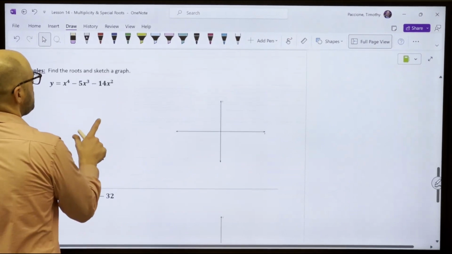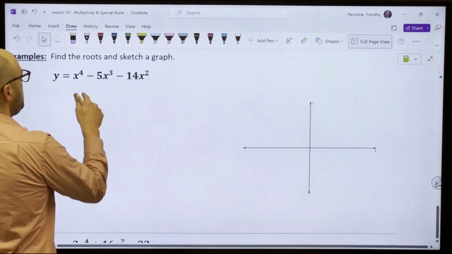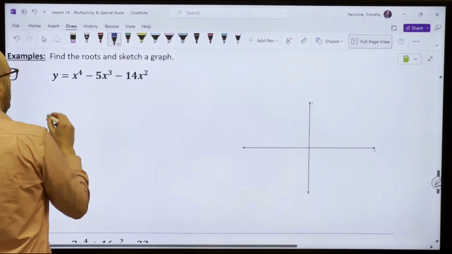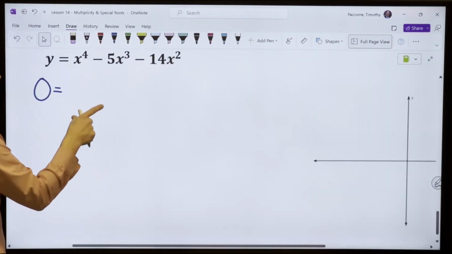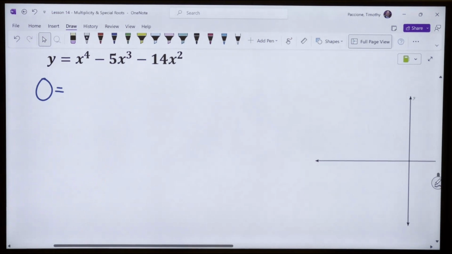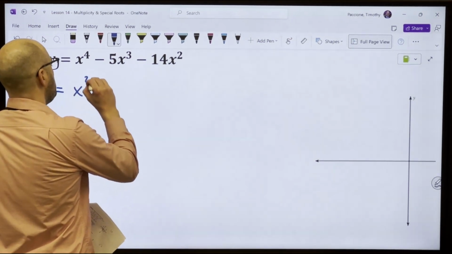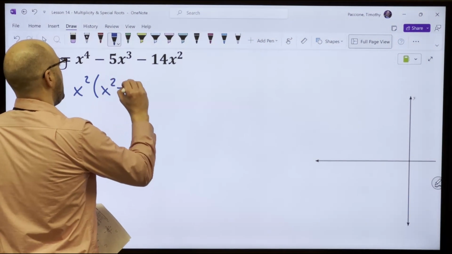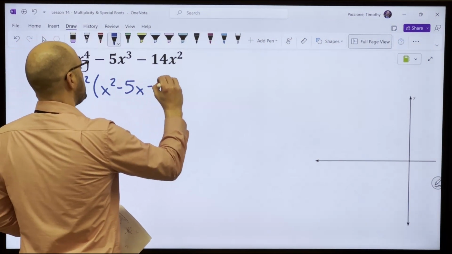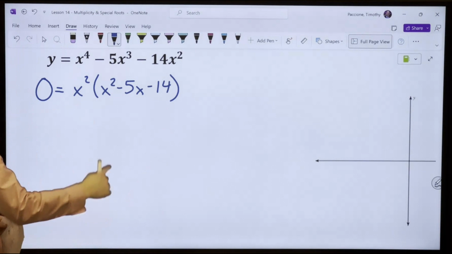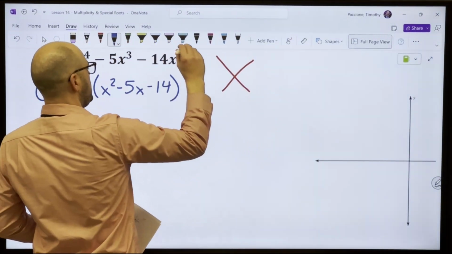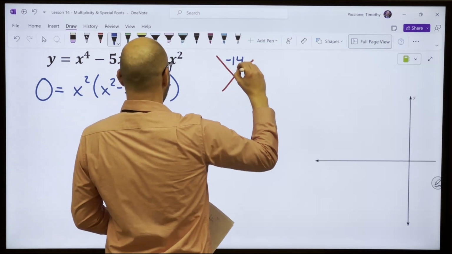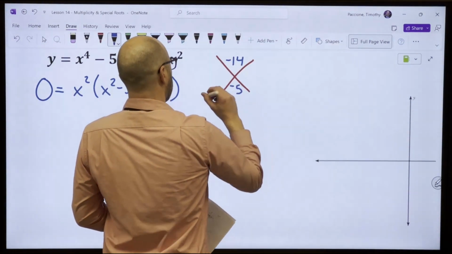All right, so here it says find the roots and sketch a graph. Well, finding the roots we know how to do already. We set equal to 0, and then I start to work on factoring. Here I see a GCF, so I'm going to pull out x squared, and then I have x squared minus 5x minus 14. Now that part I can magic x, and I'm going to go a little quickly through this since this is not the new part, to make sure I have time.